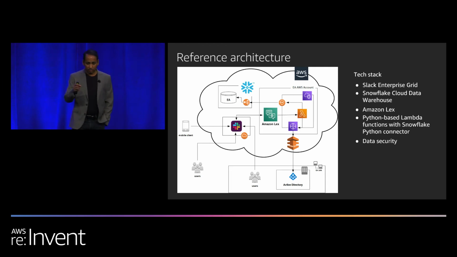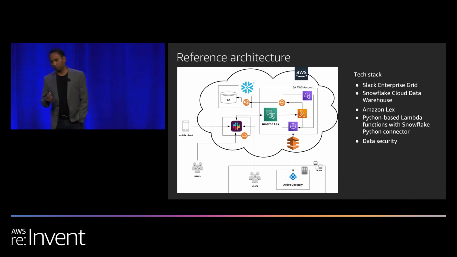And you can see here, this is the reference architecture. We have Slack Enterprise Grid, Snowflake, Amazon Lex, and we use Python Lambda functions with Snowflake to get the data. The important point I want to call out here is data security. For us, in some areas like sales or finance, we restrict users by their access.